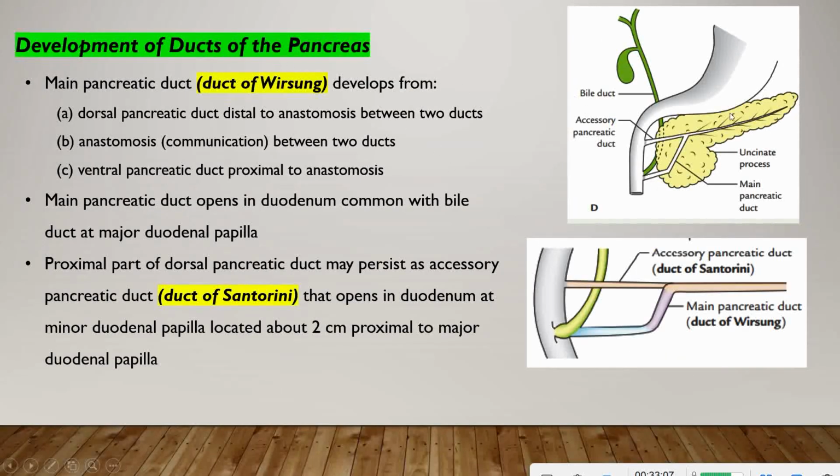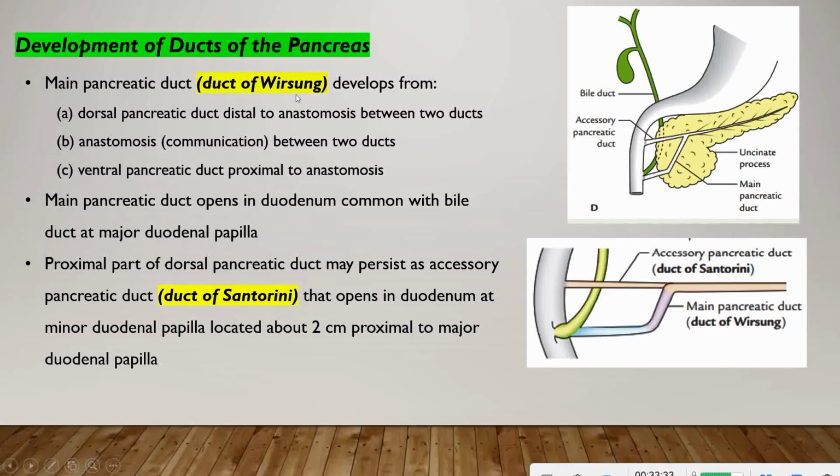Development of duct, here you can see the main pancreatic duct, which is the duct of Wirsung, developing from the dorsal pancreatic duct distal to the communication with the ventral pancreatic duct. And then here ventral pancreatic duct.